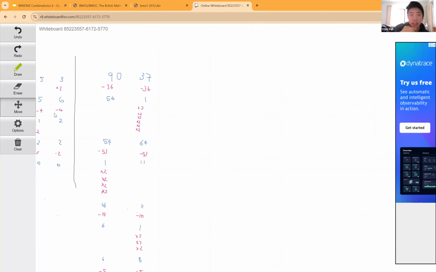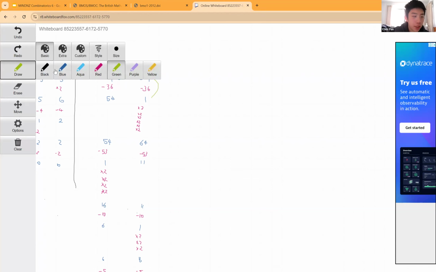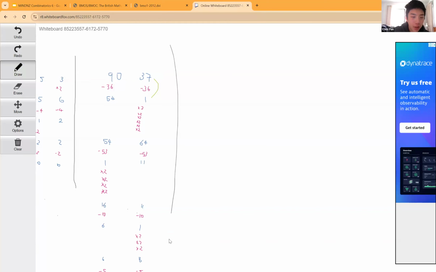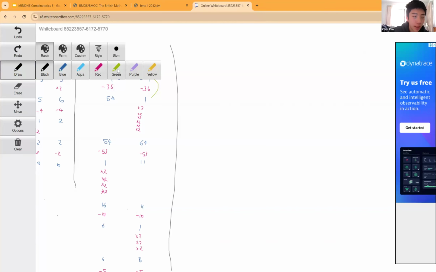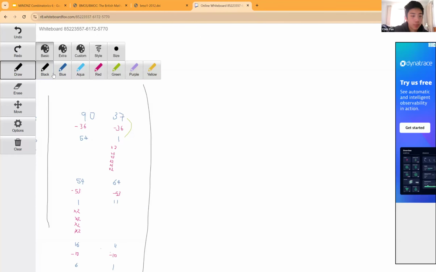Okay, let's track what we're actually doing here. We're going to use arbitrary variables, A and B, to make this a very general argument to show it always works. So let's start with our two numbers.